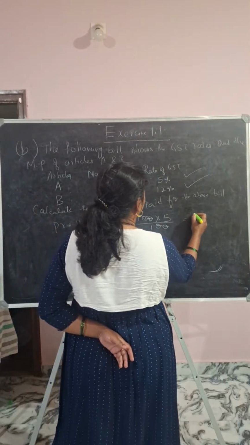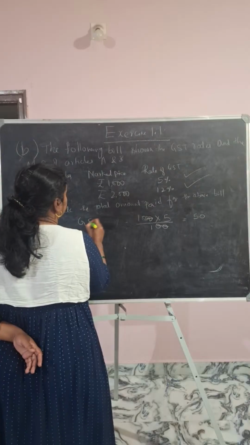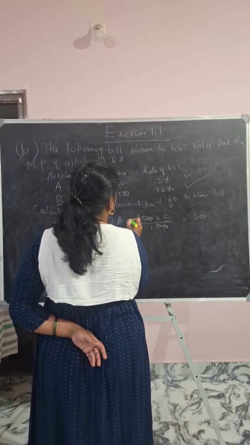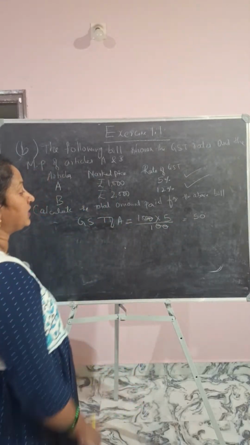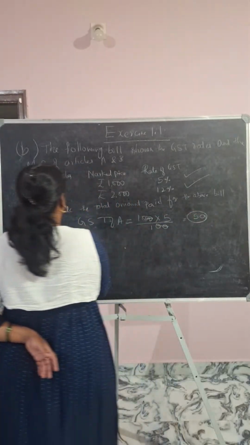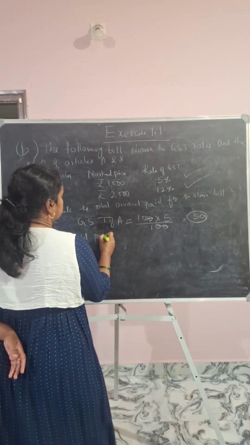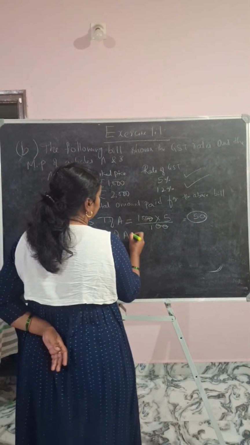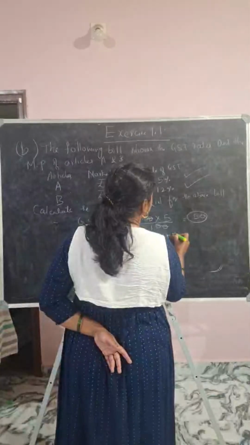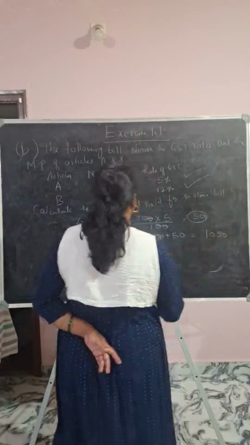That is 50 rupees. Sorry, GST amount of article A. So the GST amount of article A is 50 rupees. So total price of A, that is 1000 including GST, that is 50 rupees, 1050.